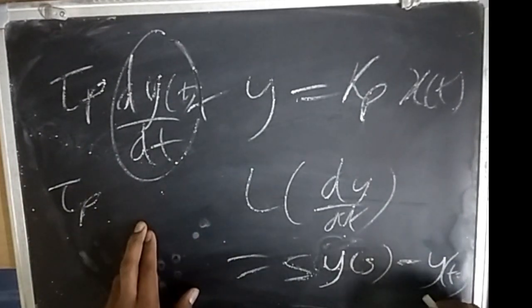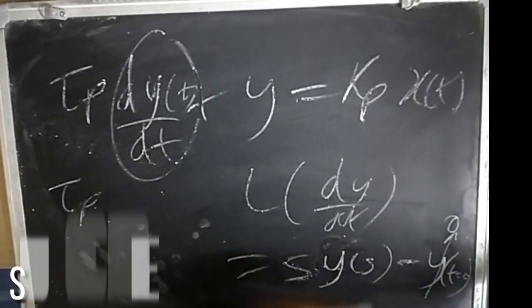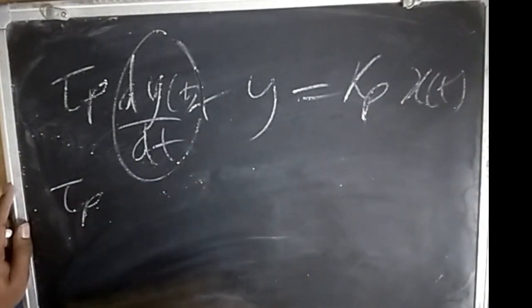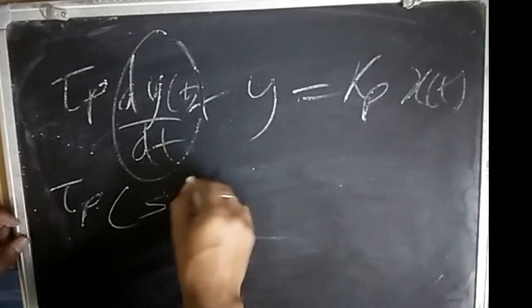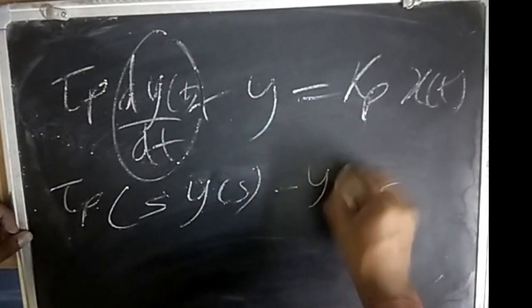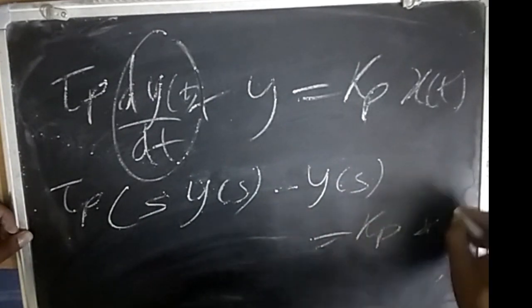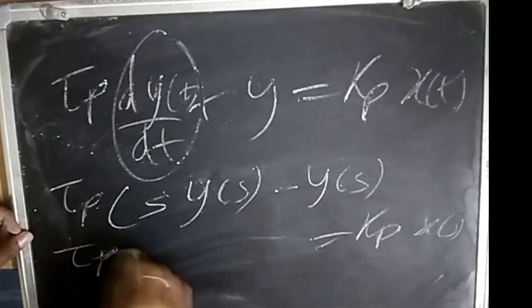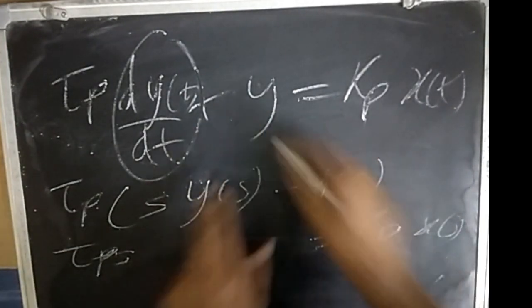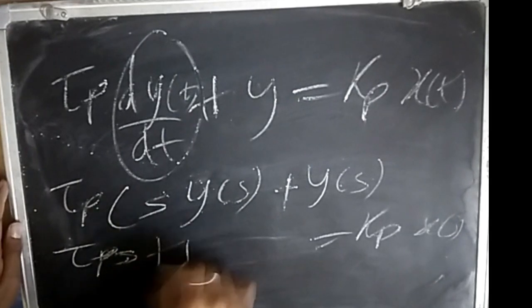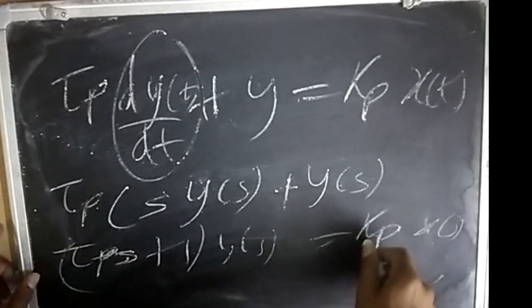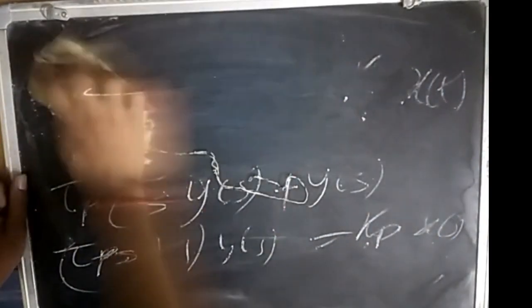Let's say y at t equal to 0 is 0. So this becomes tau p s y of s plus y of s is equal to Kp x of s. Taking y of s common, tau p s plus 1 into y of s is equal to Kp x of s. So finally y of s upon x of s is Kp upon tau p s plus 1, which is the first order transfer function that we know.